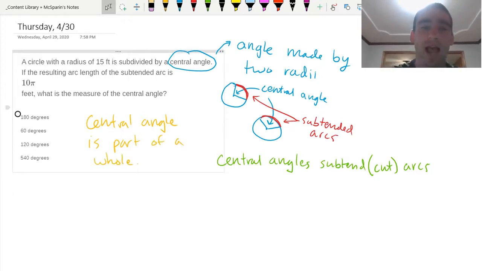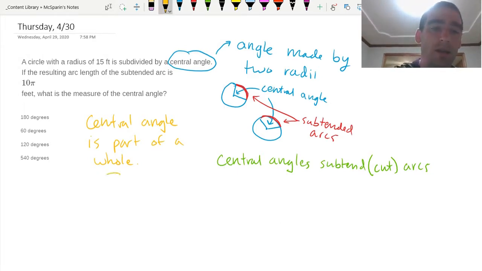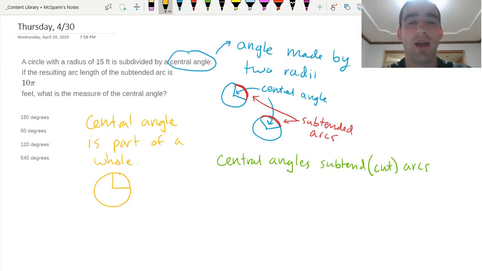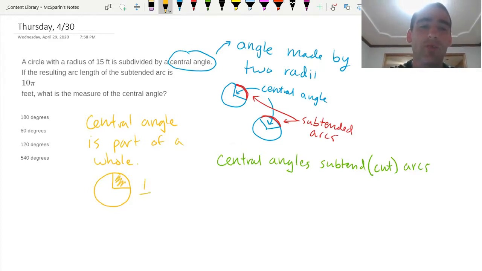You guys are actually much better at this than you already think. Let's say I draw that central angle, and I said, "Hey, if that's a fraction, what part of the whole is that?" Every single one of you could tell me, "Oh, McSparron, that's 1/4 of the circle. That is a part of the whole."